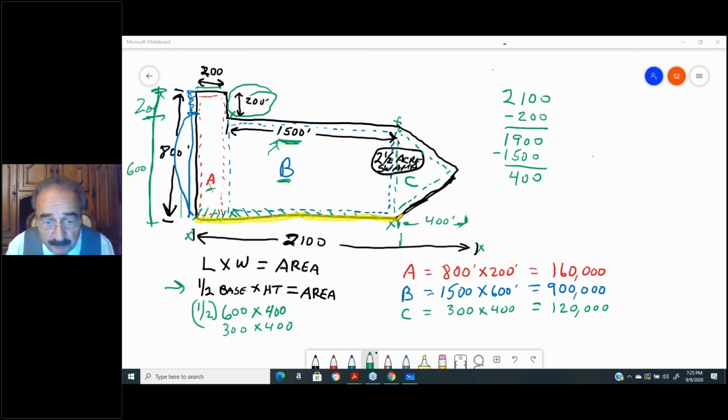So from the base of the triangle here to the apex is going to be another 400 feet. So half the base of 300 times 400, half of 600 is 300, times 400 will give me 120,000 square feet.